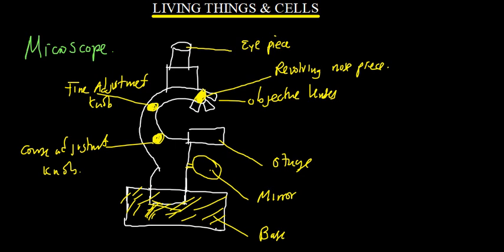Okay, starting with the eyepiece, we already talked about what it does. It has glasses to magnify the object, and then the revolving nosepiece holds the objective lenses.